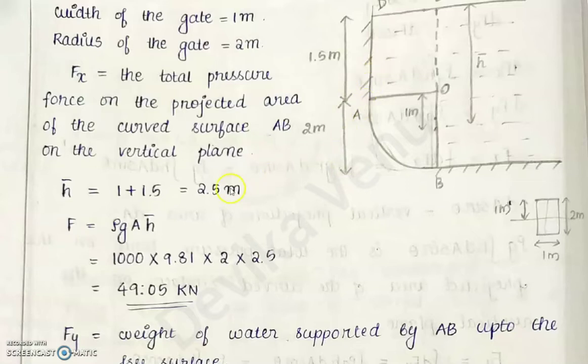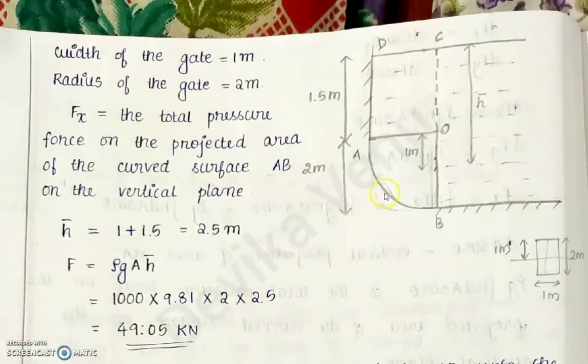What is the area of that rectangular plane surface projected on the vertical plane? It will be 2 into 1 meter, so 2 meter square is the area. And what is h bar? H bar is the depth from the free surface to the centroid G of the vertical plane.